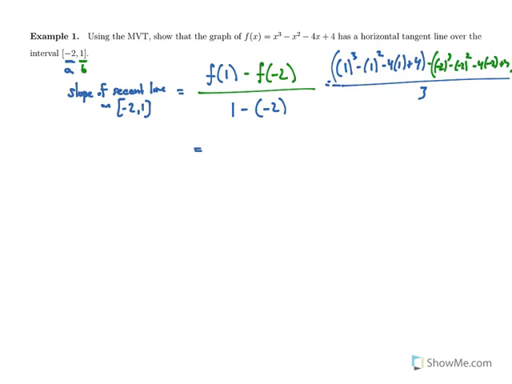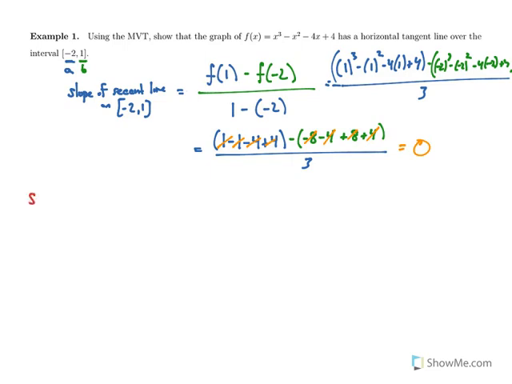So writing this all out, we have 1 cubed minus 1 squared minus 4 plus 4, minus -2 cubed, which is -8, minus -2 squared, which is minus 4, plus 8, plus 4, all over 3. We can see that everything is going to cancel out here. We're left with 0. So that means that the slope of the secant line is 0.